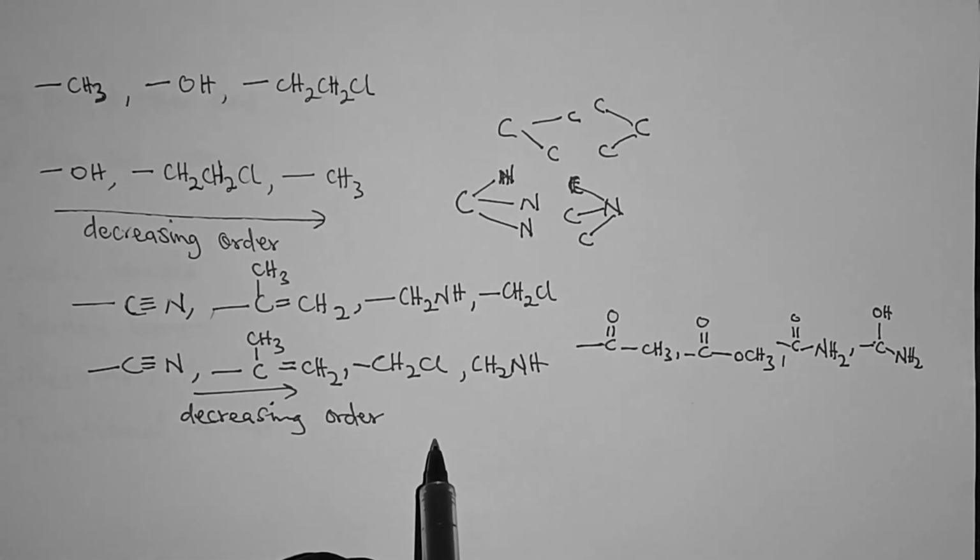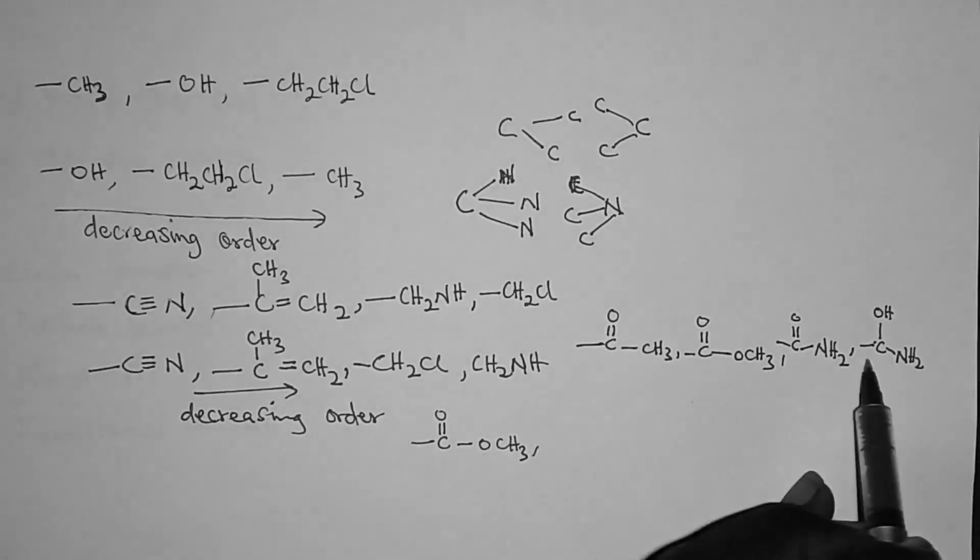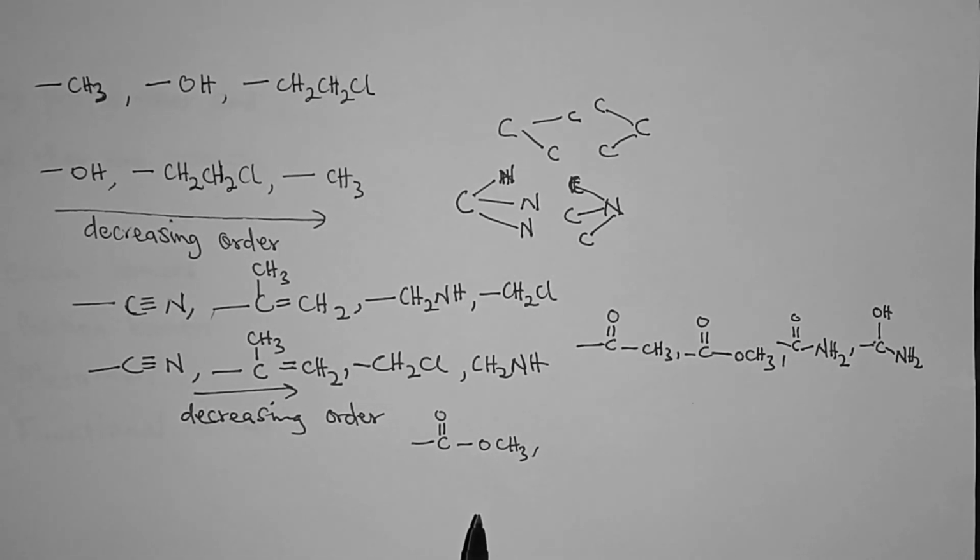So the first one is going to be C double bonded to oxygen, single bonded to an oxygen, and CH3. And the next group is the one containing the nitrogen, which is carbon doubly bonded to an oxygen, then to a NH2 group.